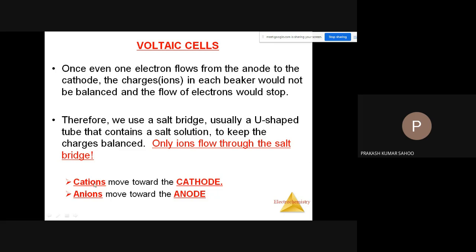Here it is written, that is a salt bridge concept, it is U-shaped, and the cations are moved towards cathode, anions are moved towards anode. Just remember these things. Cation towards cathode, anion towards anode, that means cation is positive, cathode is negative, anion is negative, anode is positive. Okay, so try to remember these things.